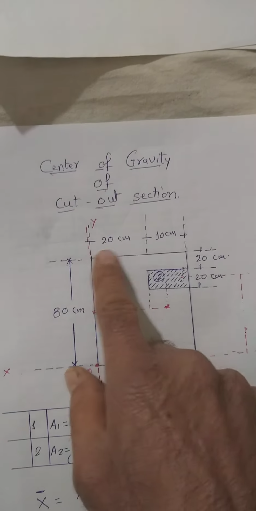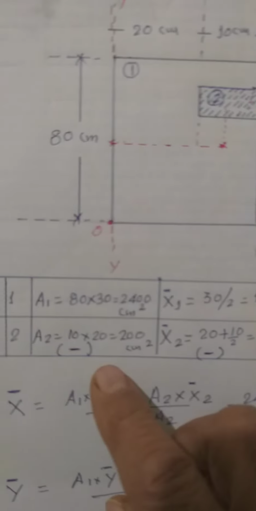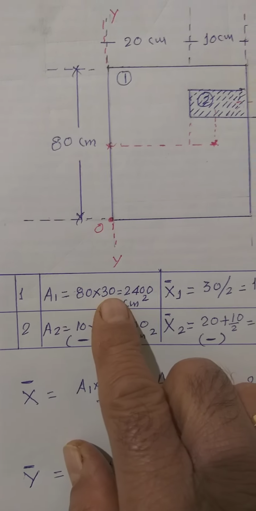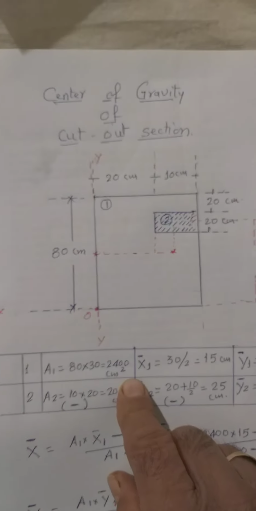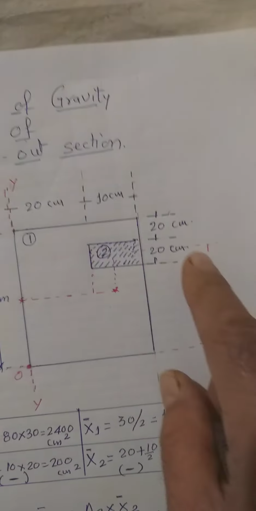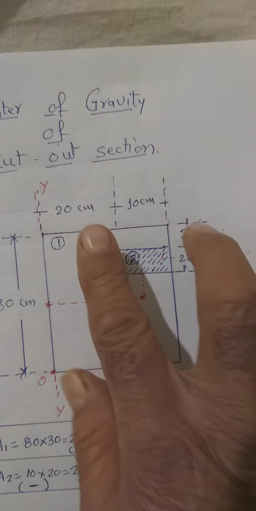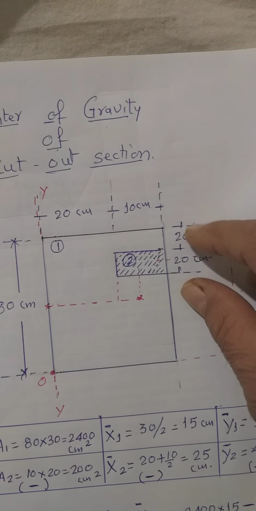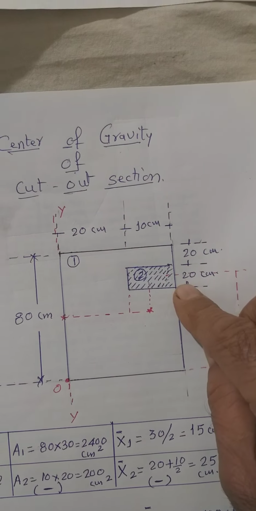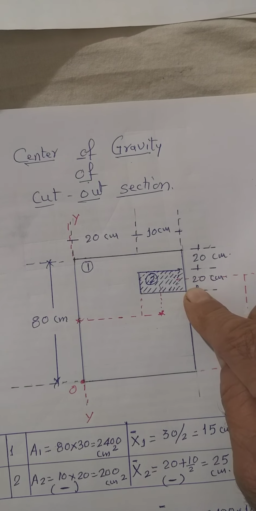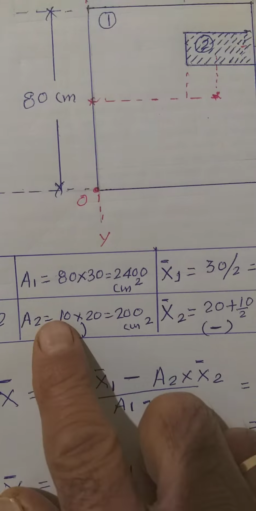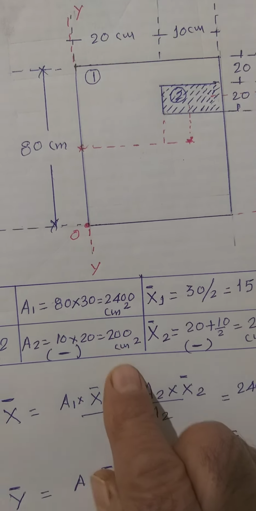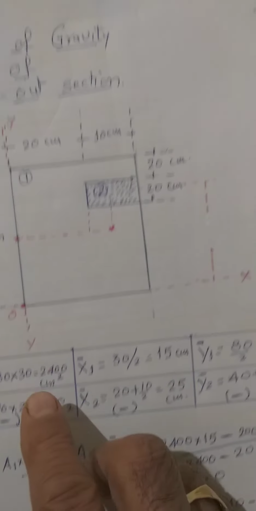It is 80 cross 30, that is 2400 centimeter square. What is the area of this figure? This is 10, this is 20, that is 10 cross 20, that is 200 centimeter square.